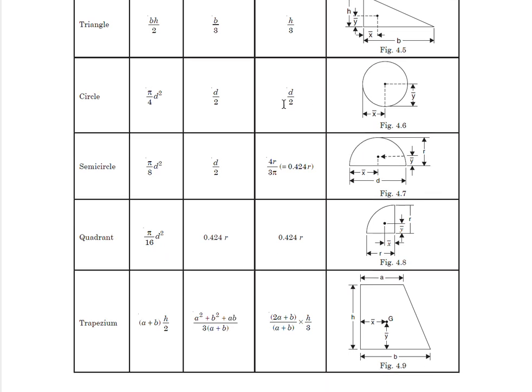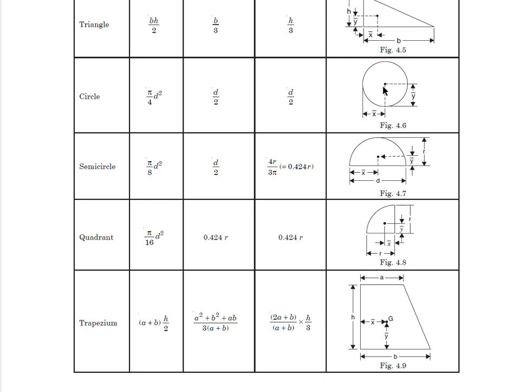This is pretty simple for a circle, but for a semicircle you have a different location of the centroid. The area is pi by 8 d square, because it is half of that of a circle, and the location of the centroid is d by 2 along the x direction, and 4 r divided by 3 pi, which comes out to be 0.424 r, along the y direction.